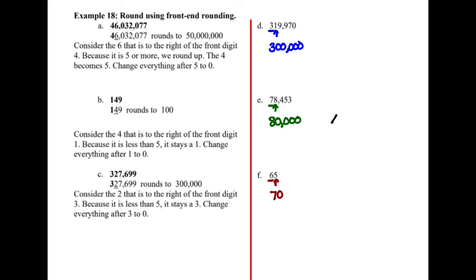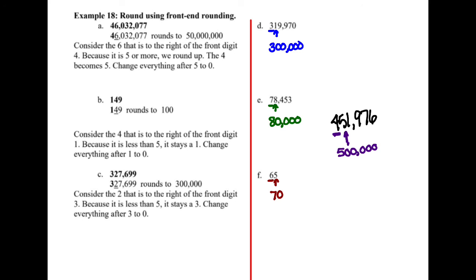So for example, I want to do front end rounding. I want to round to whatever place the 4's in. So I'm going to look at the 5. 5 rounds up, so we're going to get 500,000. Everything else afterwards is a 0.